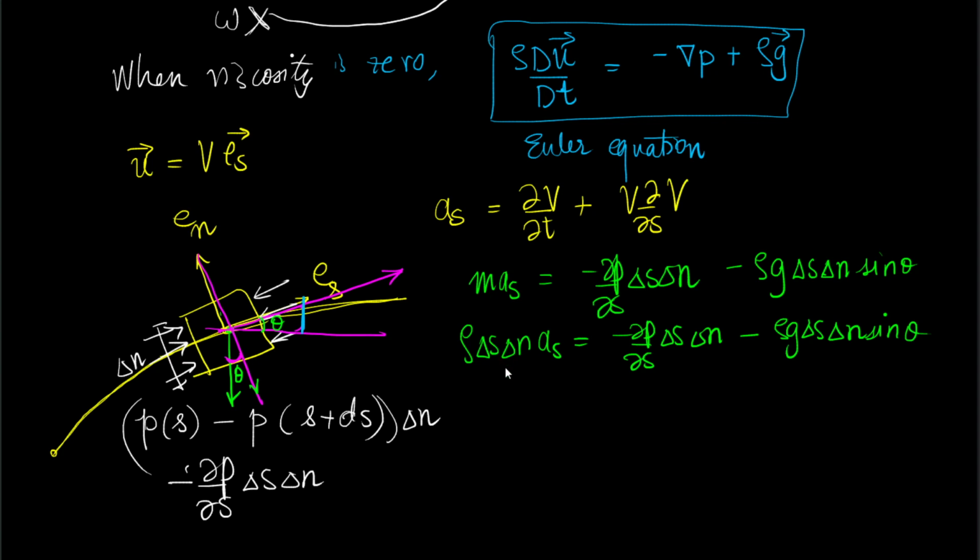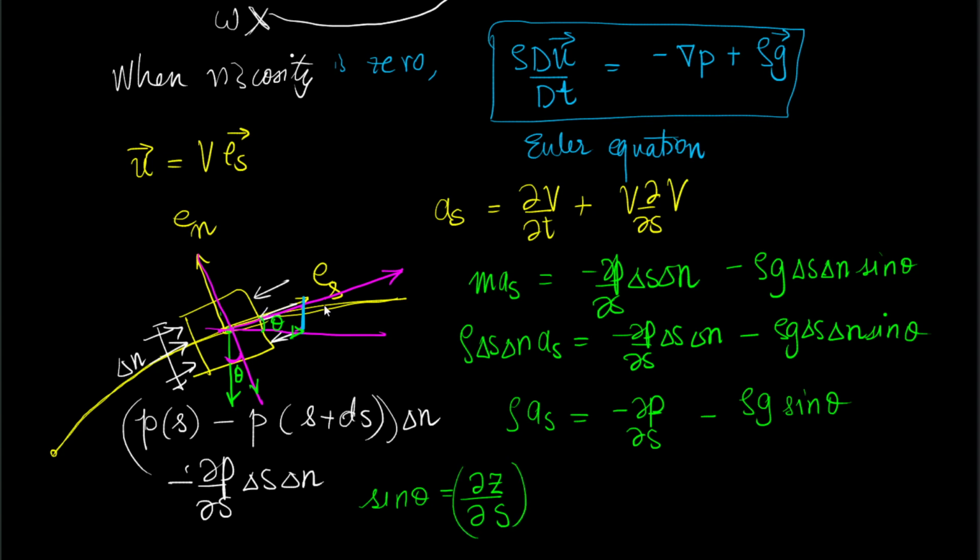Let us divide everything by delta S and delta N. So it becomes rho AS is equal to minus del P del S minus rho g sine of theta, where sine theta will be the rate of change of height of the streamline locally per increase in the streamwise coordinate, or rather the increase of height per increment of the arc length.